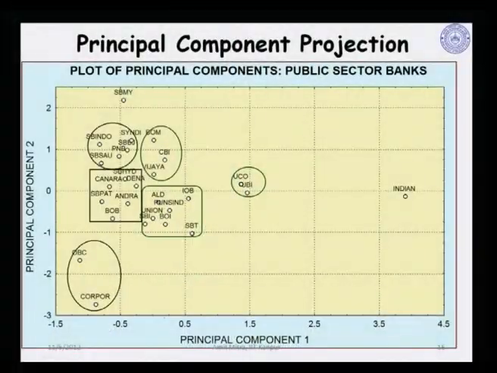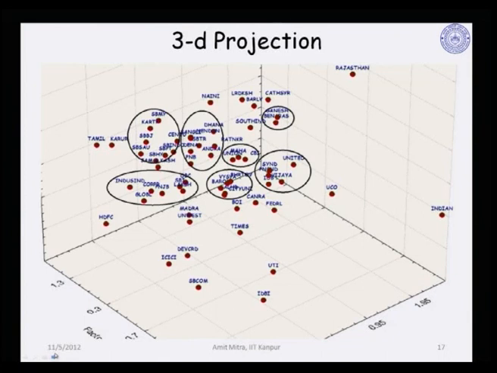The first two principal components taken together are going to capture the maximum possible variability that can be captured by two such linear combinations, and hence the two-dimensional projection would naturally be based on the first two dimensions of the principal component plane. One can also look at the three-dimensional projection, which is going to be the projection on the first three principal components.